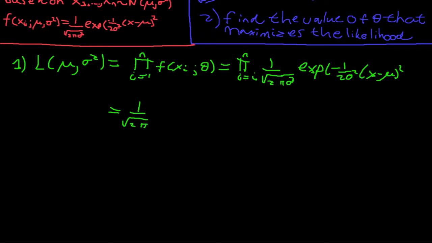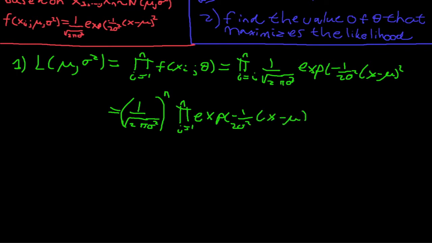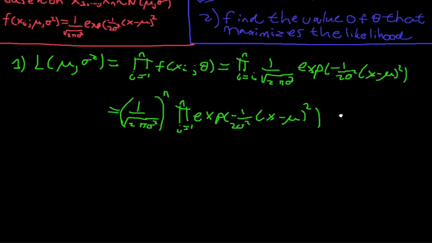So 1 divided by the square root of 2 times pi times sigma squared, raised to the power n, times the product from i equals 1 till n of e raised to the power minus 1 divided by 2 sigma squared times (x minus mu) squared. And I forgot a bracket right here.